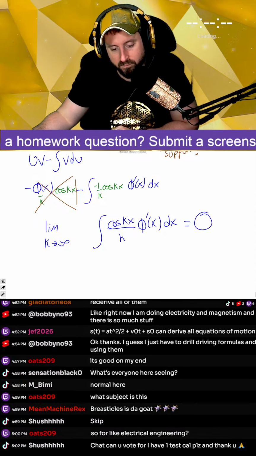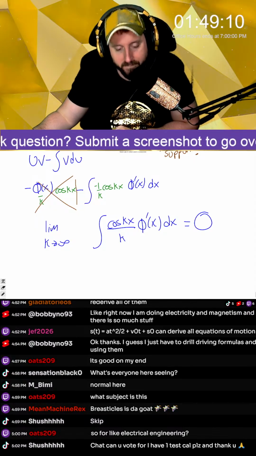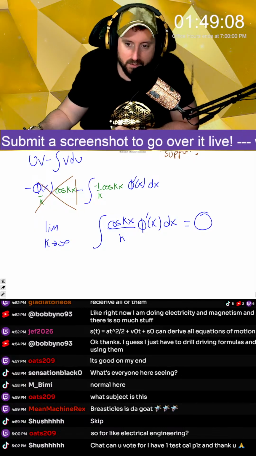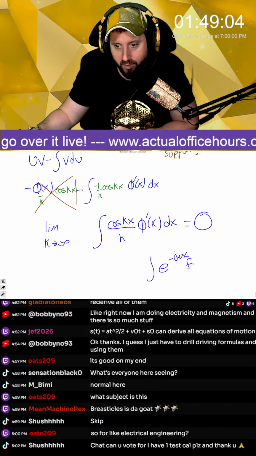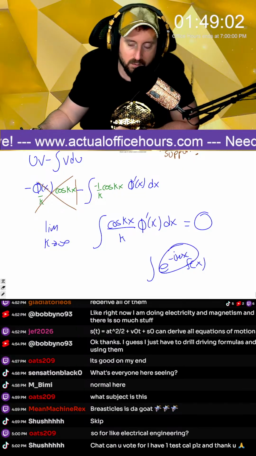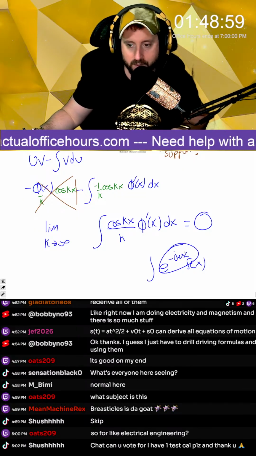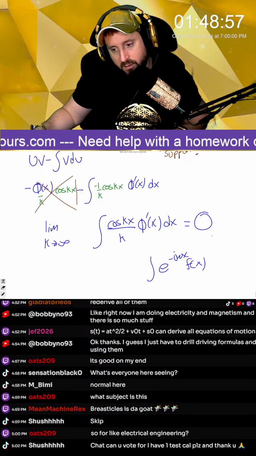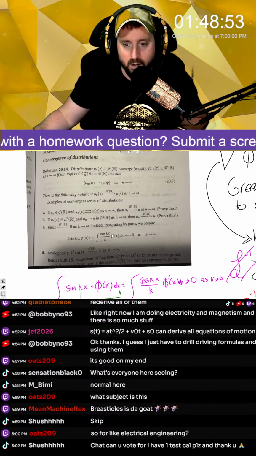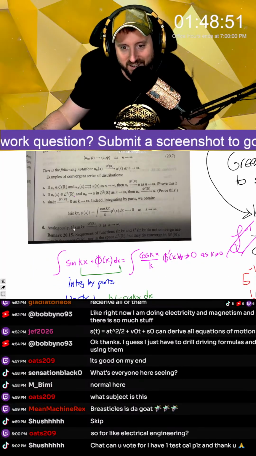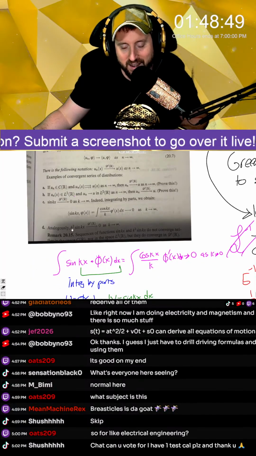K is going to infinity, therefore the entire integral vanishes to 0. I see. Yeah, because it would look like e to the negative i omega x times f of x. And as omega goes to infinity, this basically goes to 0. Okay, cool. Analogously, show that k squared sine kx.